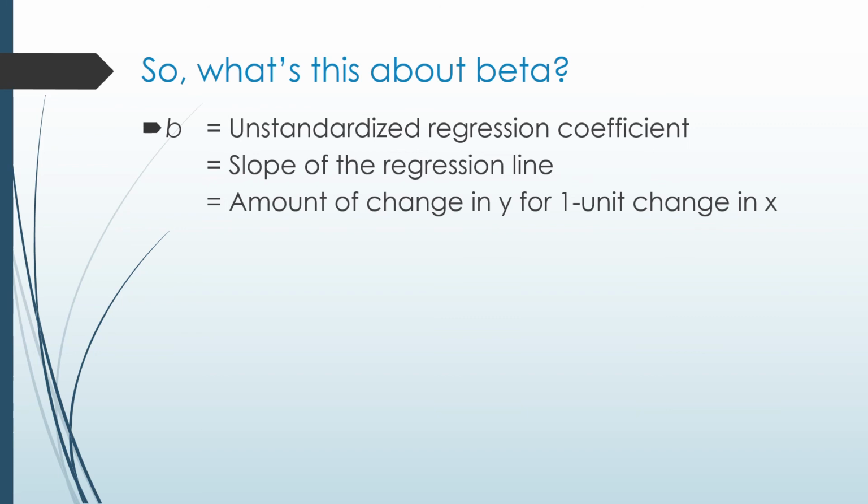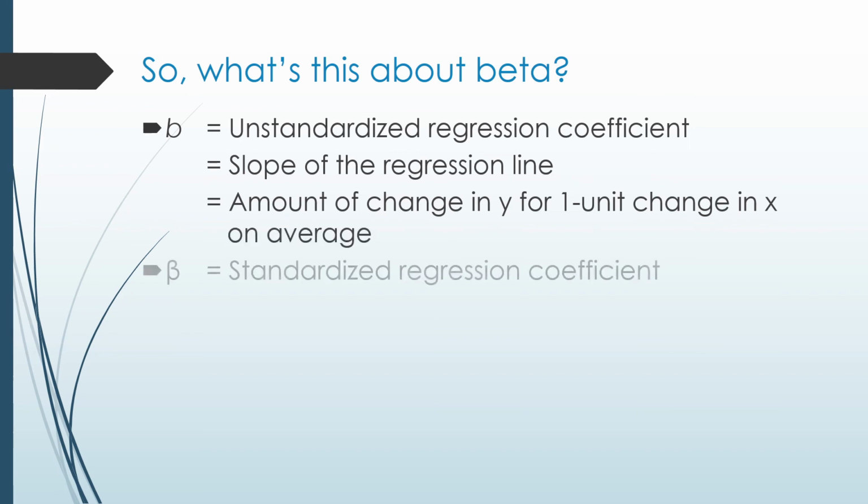Now, on the other hand, beta is also considered to be a regression coefficient, but it's standardized. So what SPSS does is it actually takes and evaluates the regression based upon, rather than the original data, it reevaluates it based on standardized data. So it turns all the data points into z-scores, and then it runs the analysis on that.